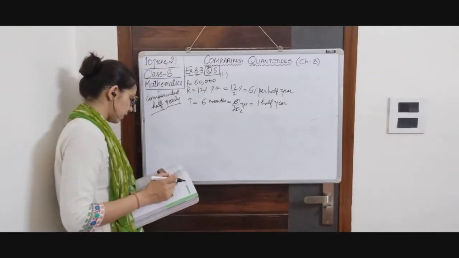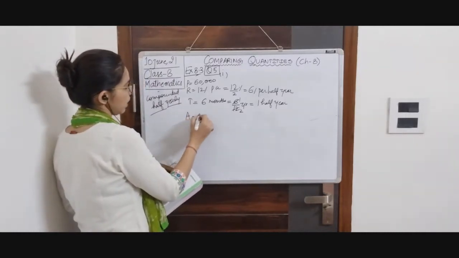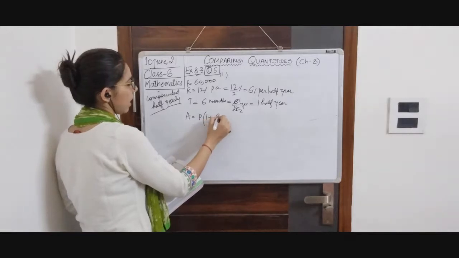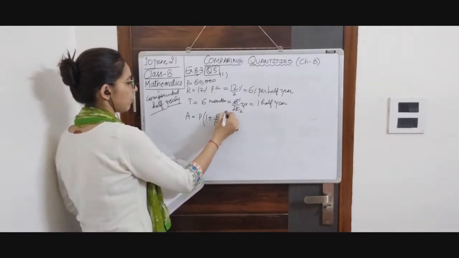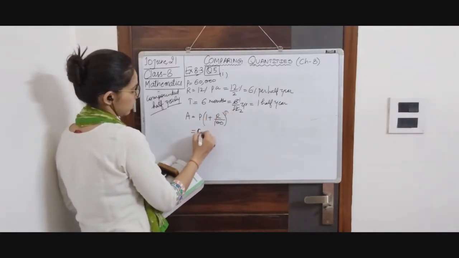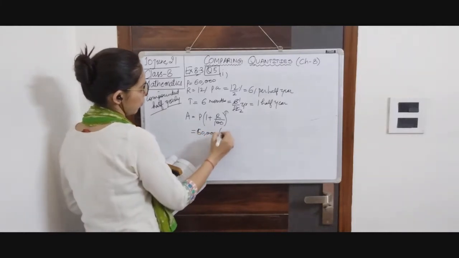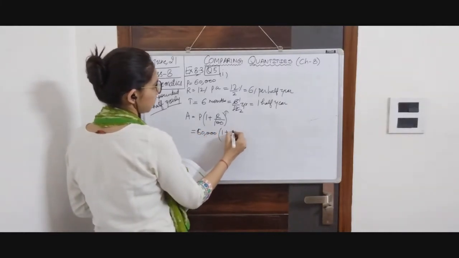Now we have to calculate the amount. So A is P into (1 plus R by 100) to the power T. We will write the formula, then we will put the numbers.